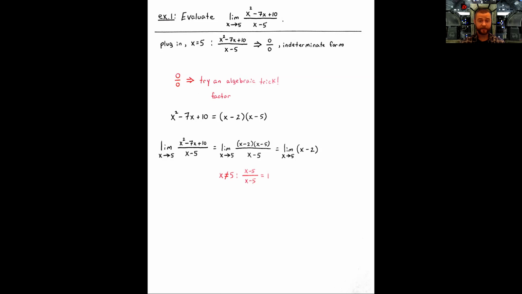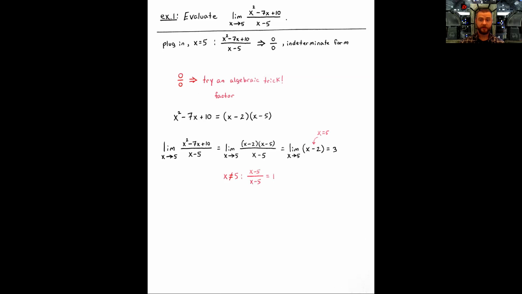If you cancel that out, you're left with the limit as x approaches 5 of the simplified equivalent function x minus 2. All right, and now this is a simple polynomial that we can plug in. So we plug in x equals 5, and 5 minus 2 gives our limit value here, which is 3.